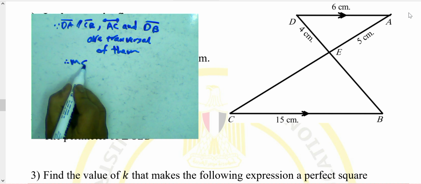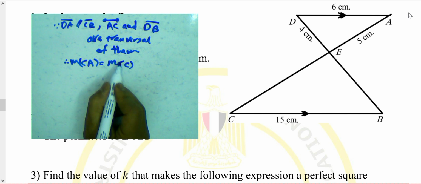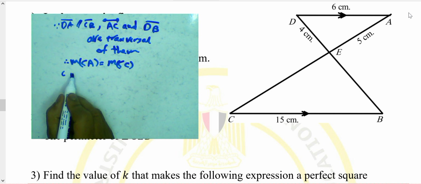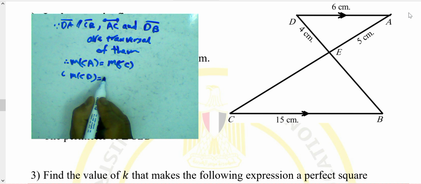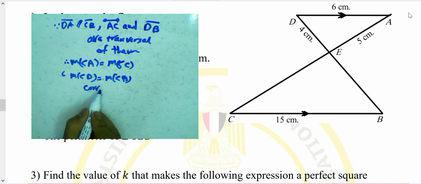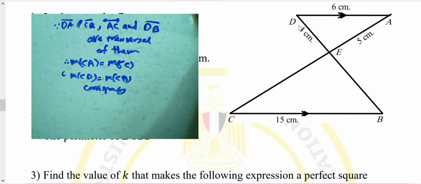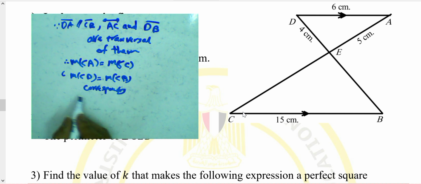Then the measure of angle A equals the measure of angle C, and the measure of angle D equals the measure of angle B. We call them corresponding angles. Understood?